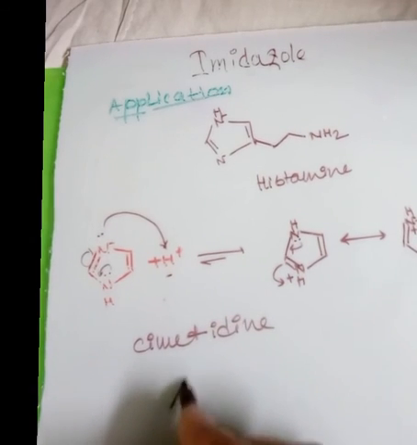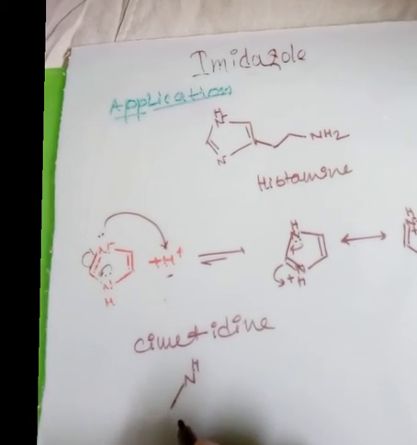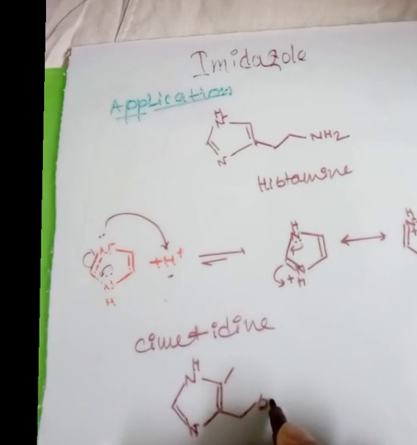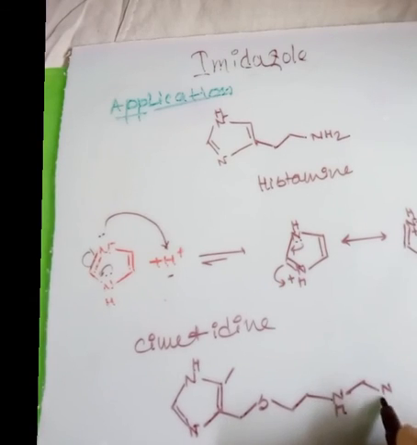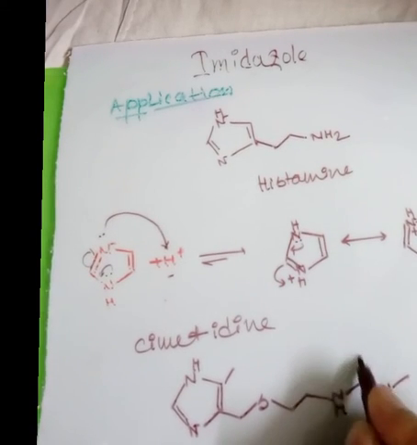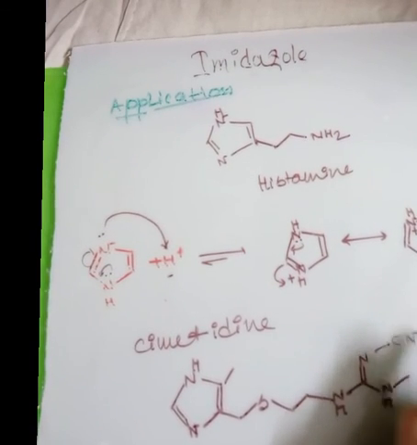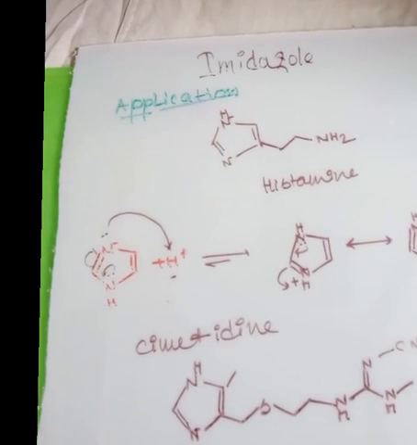It contains the imidazole group, and this is the substituted portion: NH, Me, double bond, N, CN. This was about imidazole in short.